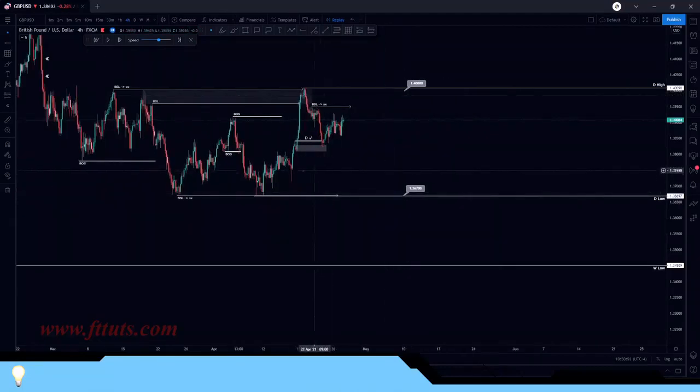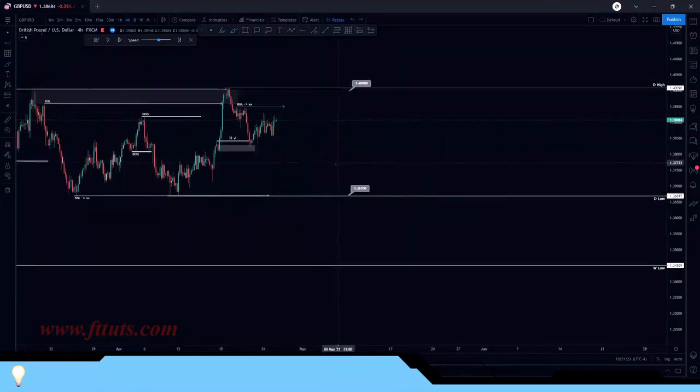We can clearly see that within this impulsive move to the upside, we have our point of origin down here, the highs that were created at the equal highs, and then price gravitated back to mitigate this daily imbalance, tapped into this 4-hour order block, and then moved to the upside, creating a sequence of higher highs and higher lows. Okay, so that is telling us that potentially we can continue with this bullish order flow, right?